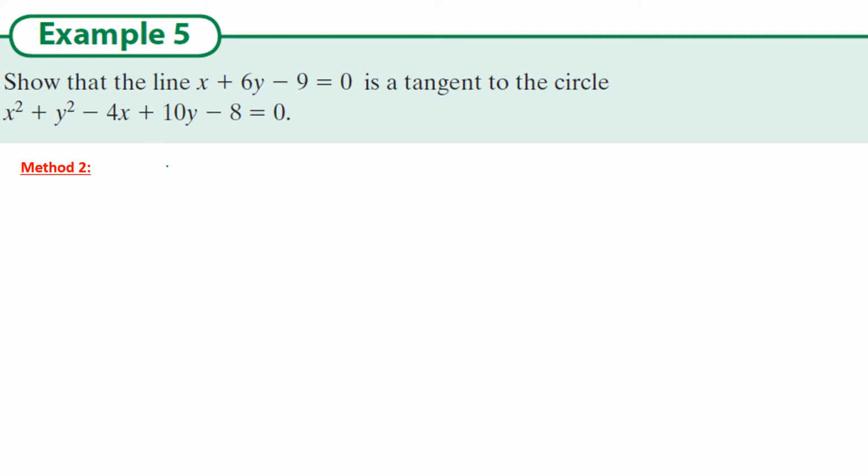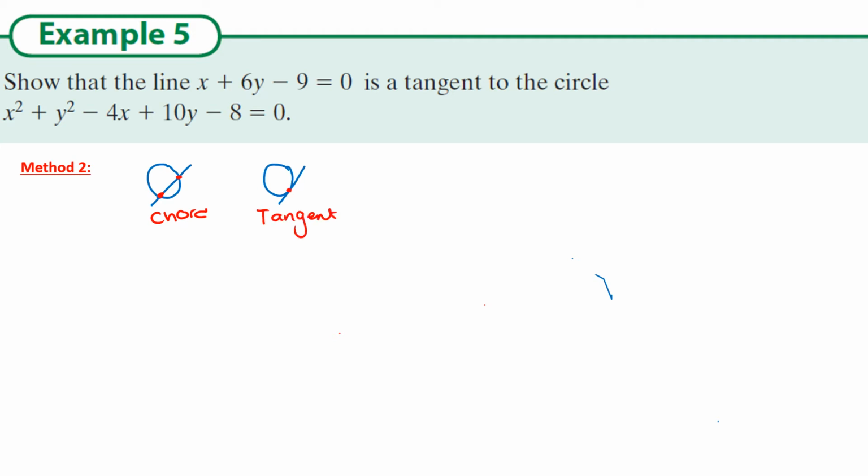So you have a few different scenarios. You can have a circle and a line, and this line would then be a chord. And then you have the scenario like this, which is a tangent.